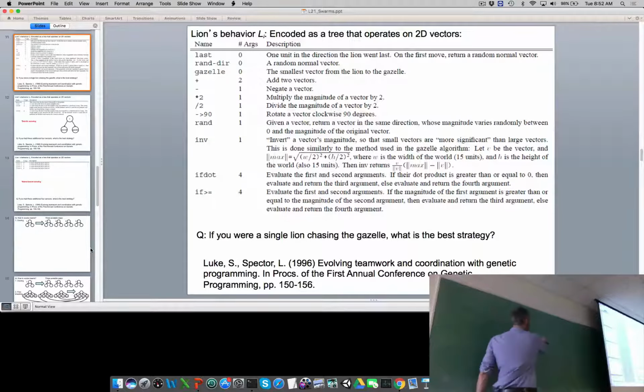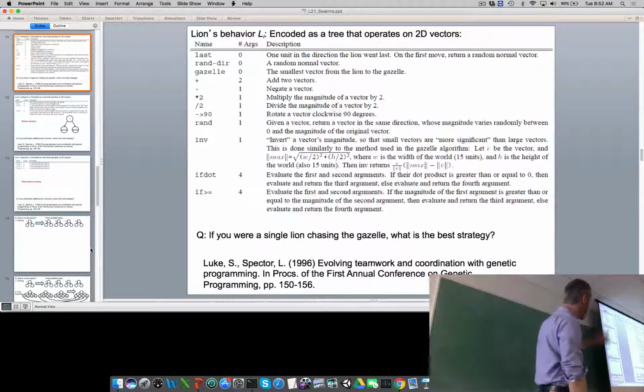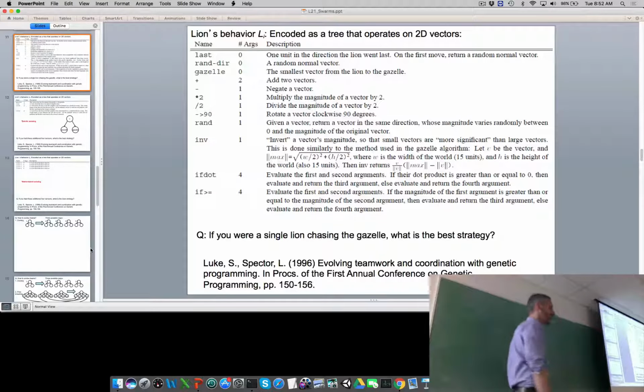This tree produces an offspring like itself, but this node gets mutated, so we reach back into our bag at random and we grab something else like if dot. This requires 4 arguments, so we need to fill in those arguments at random, and so on. So we have a child which is similar to, but not identical to the parent.